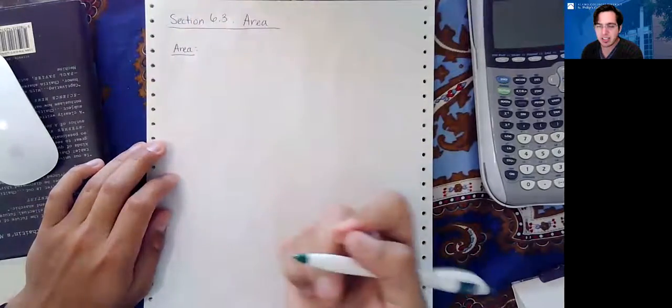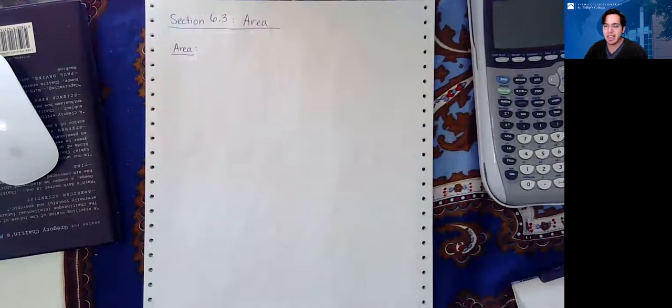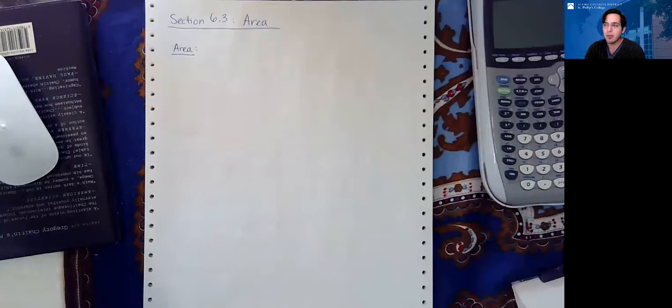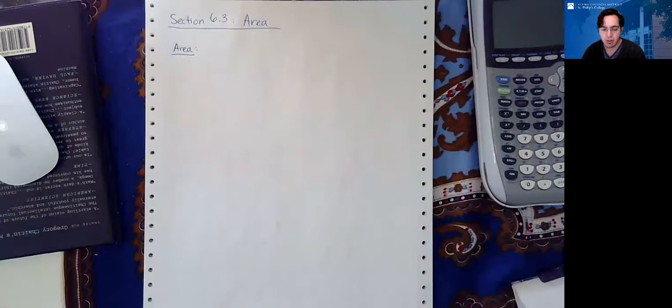But area, if you went to buy an area rug, it's the area that covers the floor in some room, right? Or if you were to paint a wall, you would need to find the interior surface measurement to figure out how much paint you need to cover the entire wall.